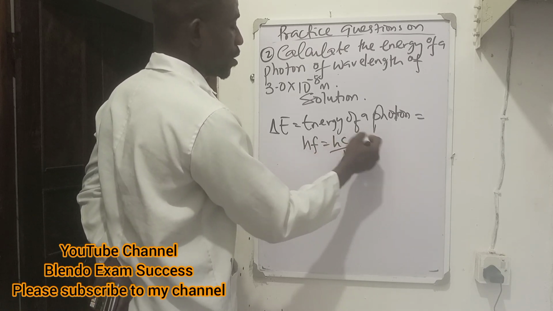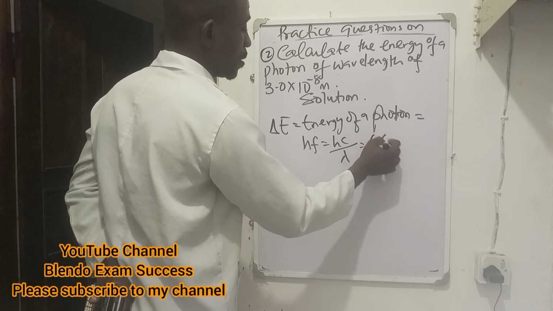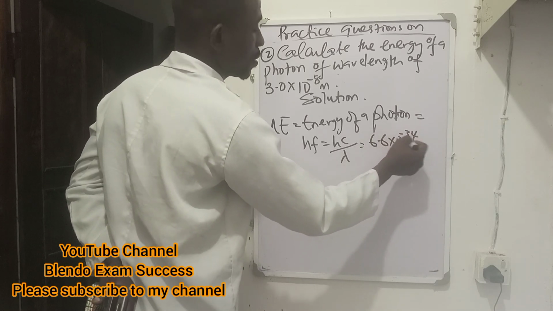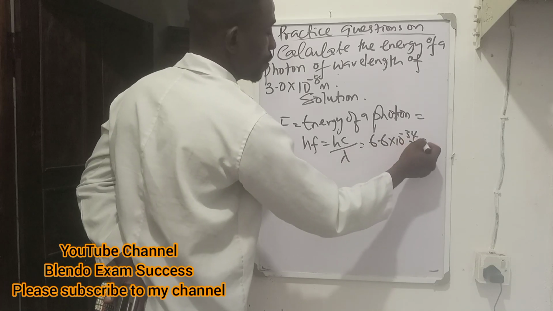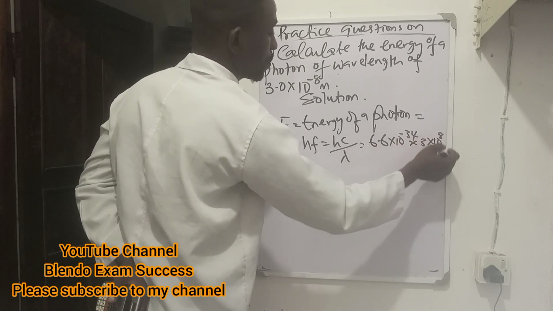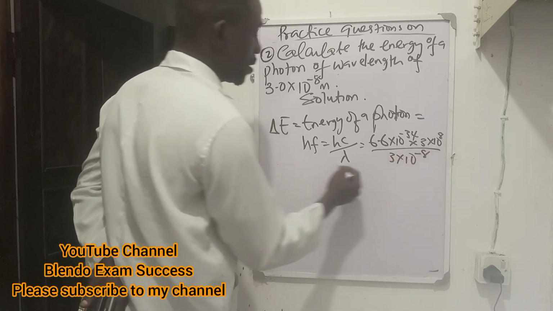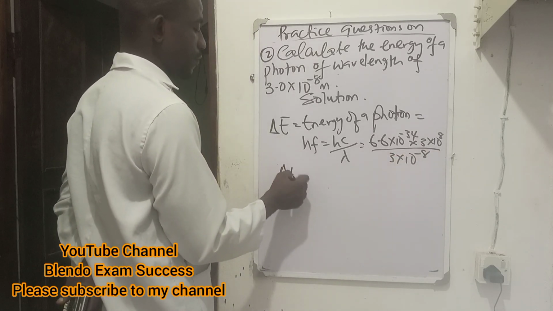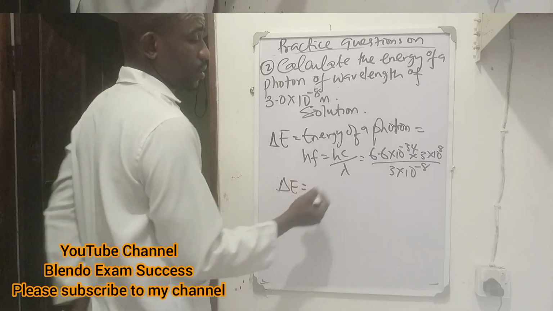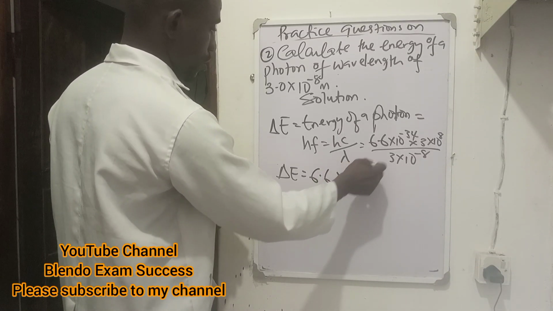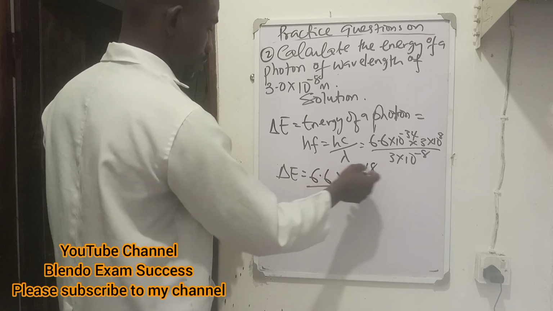We're given h, Planck's constant. Then 3 times 10 raised to the power 8 over 3 times 10 raised to the power minus 8. So the energy of the photon is 6 times 10 raised to the power minus 18 joules.